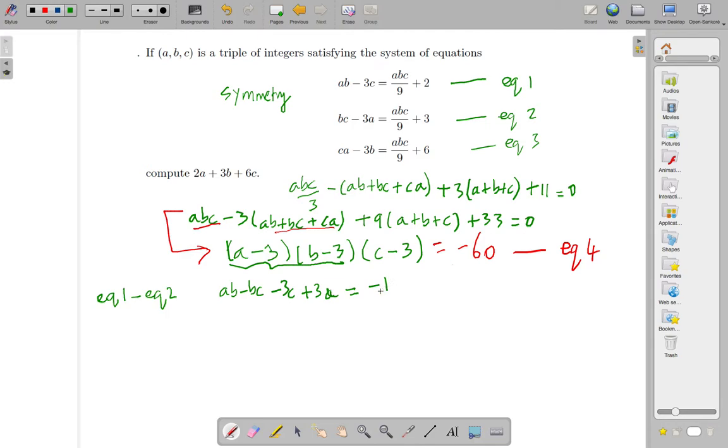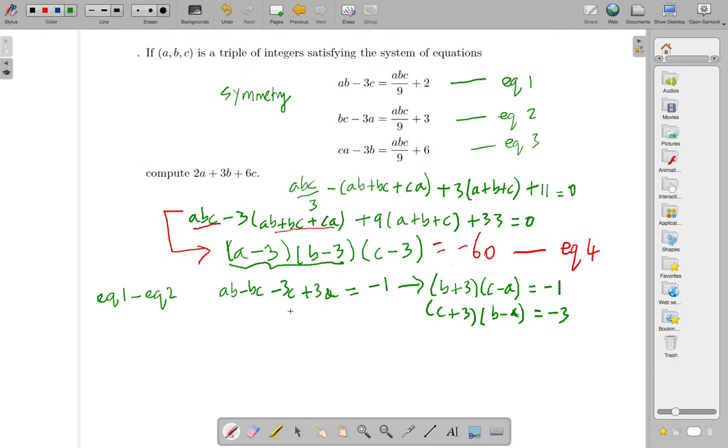ABC over 9 will cancel. If you try to factor this, it can be factored as B plus 3 times C minus A, and that happens to be negative 1. Similarly, if you subtract the third from the second, you will get C plus 3 times B minus A equals negative 3.